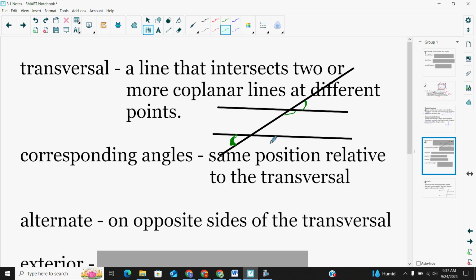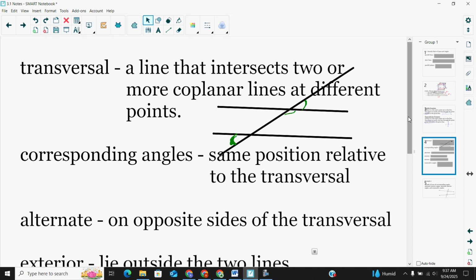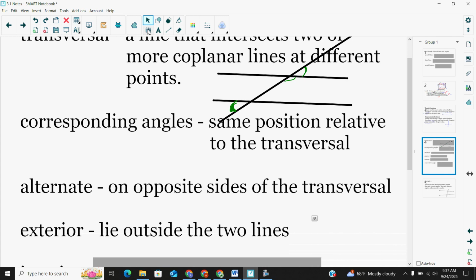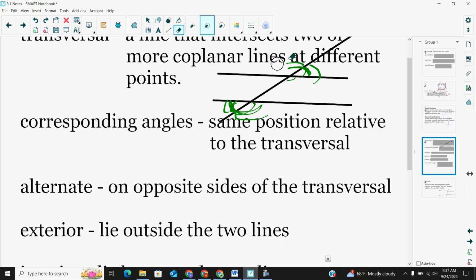This one's on kind of the top of the transversal and these two are under the transversal. Exterior means that they lie on the outside of the two lines. These are all exterior and these are exterior. This one and this one, this one and this one. And interior means it lies between the two lines.